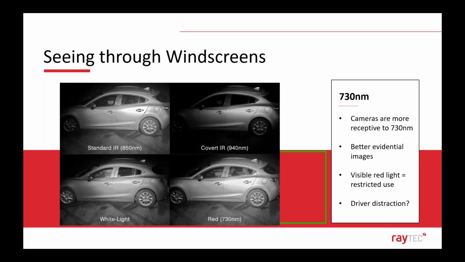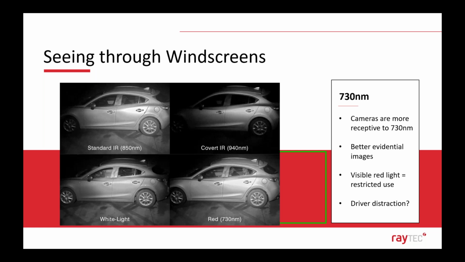While it was very good for looking through the front windscreen, which of course is generally always going to be transparent, when you look through the tinted rear windows, only the 730 nanometers was able to penetrate through the smoky glass, the dark window.